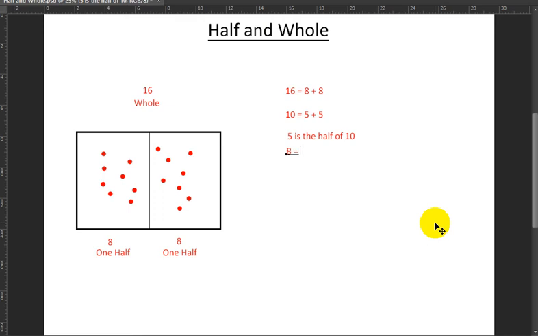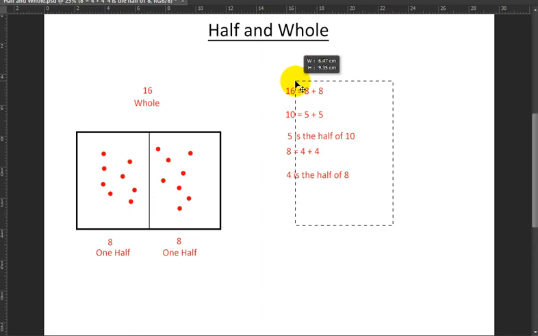Is it 3? No, 3 and 3 makes 6. Is it 4? Yes, because 4 and 4 makes 8. So I can say that 4 is the half of 8. And that's how I find the half of a number.